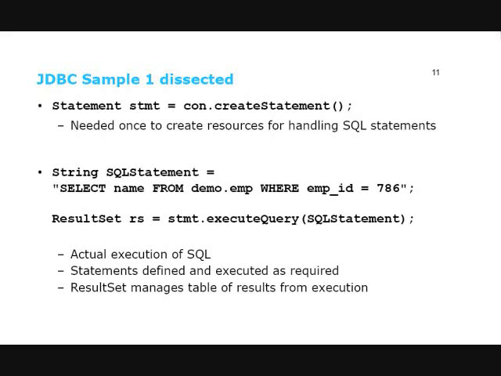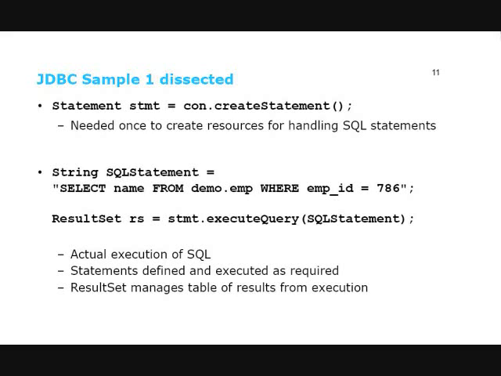So I'm passing the string query that will then be executed against the database server, and the results will be put back into this rs. So this is the actual execution of the SQL. And once that happens, I have this result set, which I have to manage in the program in some way. It could be one tuple, it could be more than one tuple, and I need to handle it in the program.